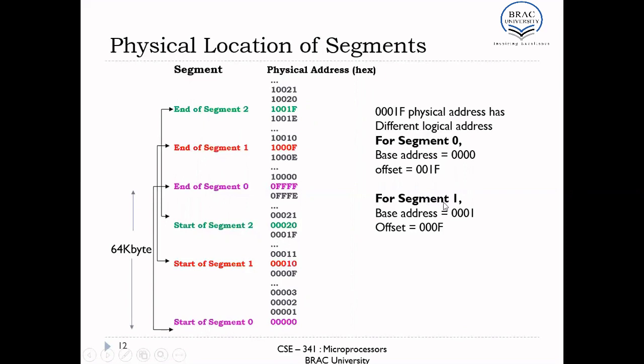If you add 0001 with a zero appended and 000F, you will get this 0001F physical address. So a particular physical address may have different logical addresses in case of overlapped segments.